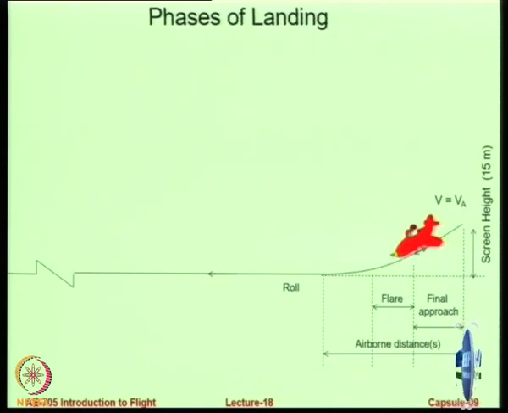So the distance from the obstacle height to touchdown is called the airborne distance. In takeoff it's called the climb distance. And after touchdown you are just rolling. So that is takeoff ground roll, TOGR, or TOL, takeoff ground roll during landing till you come to the stop.